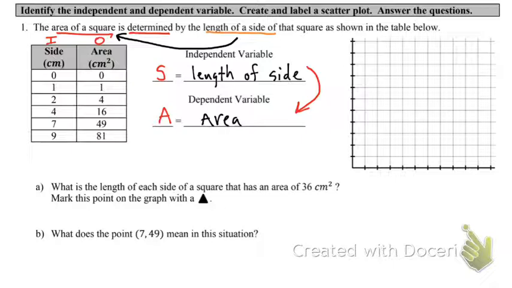All right, now that we've labeled, we always remember that your independent variable goes at the bottom of the graph. This is where the independent variable goes.